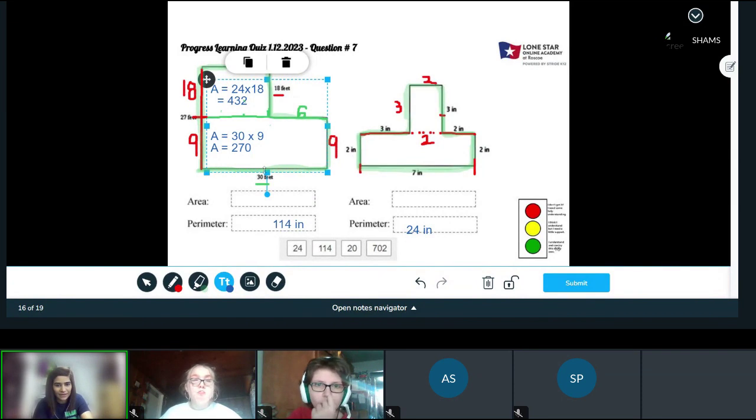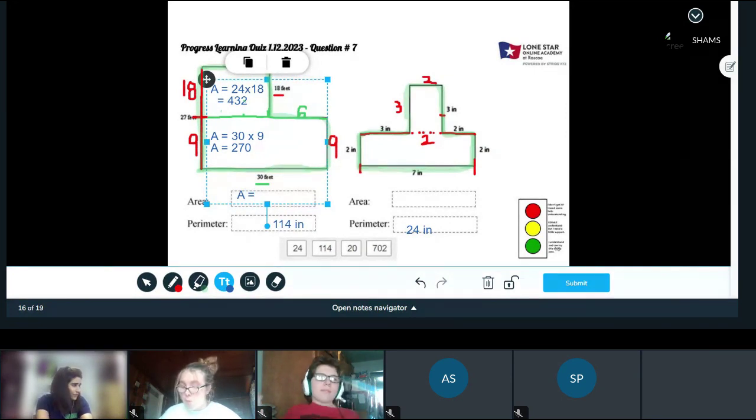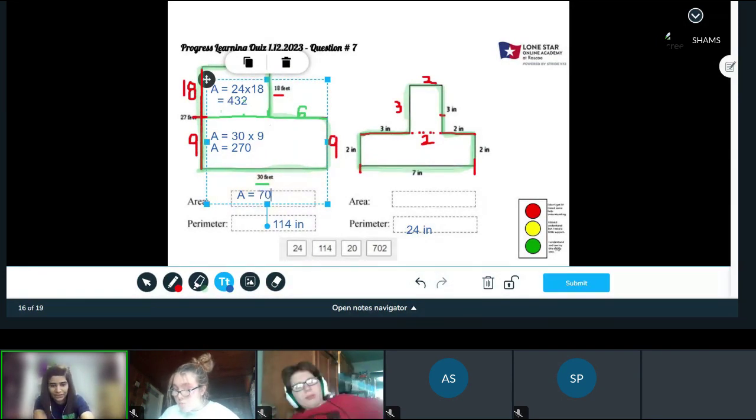Therefore, when I add the two areas up, I get an answer that is A equals 702.